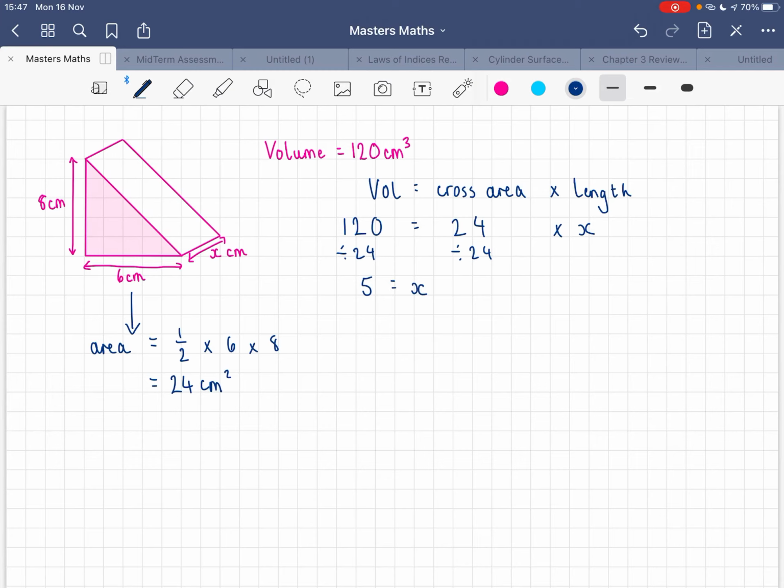So the length that is missing is 5 centimetres. I should probably put centimetres there, shouldn't I? Okay, so x is 5 centimetres. And that's it. Again, it's just working that formula backwards. As long as you can find the cross-section area, you can then divide the volume by the cross-section area, and that will tell you the length.